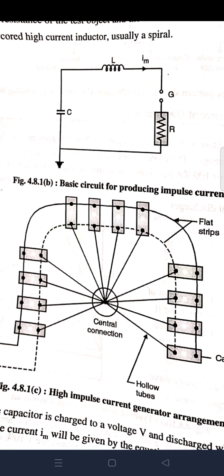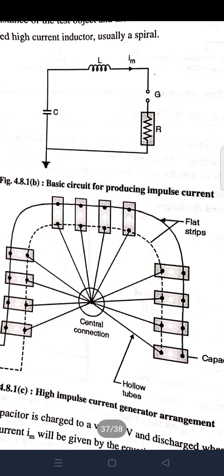C represents the bank of capacitors connected in parallel, which are charged from a DC source to a voltage up to 200 kV, and R represents the dynamic resistance of the test object and the resistance of the circuit, and L is an air cooled high current inductor, usually a spiral. So this is the circuit for the high impulse current generator.